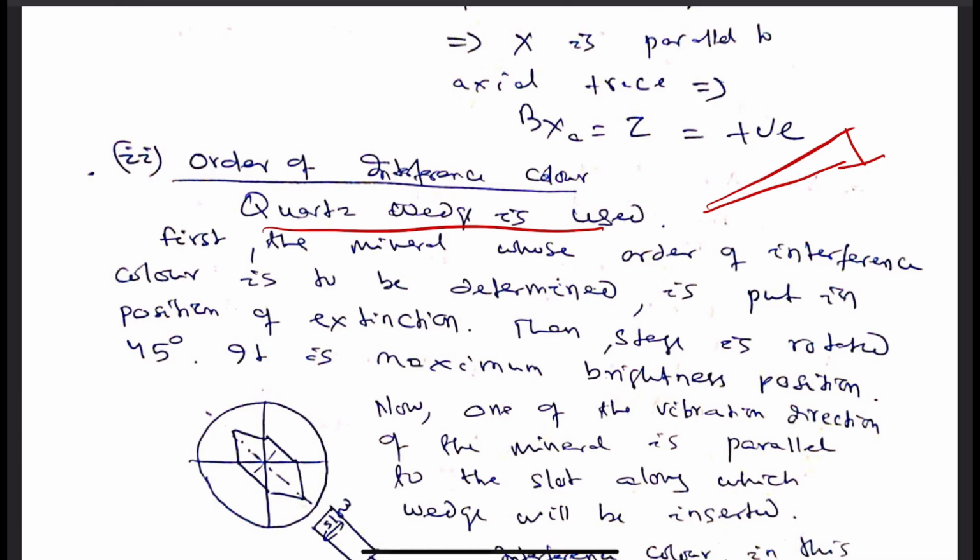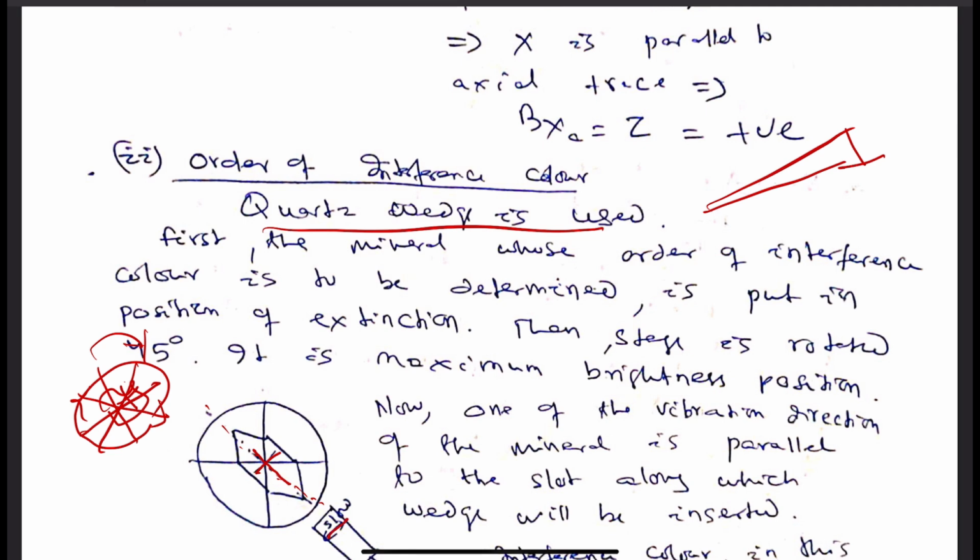When the mineral is in the position of extinction, the vibration direction of the mineral section coincides with the vibration direction of the nicols. When it is rotated by 45 degrees, one of the vibration directions will be parallel to the slow direction.